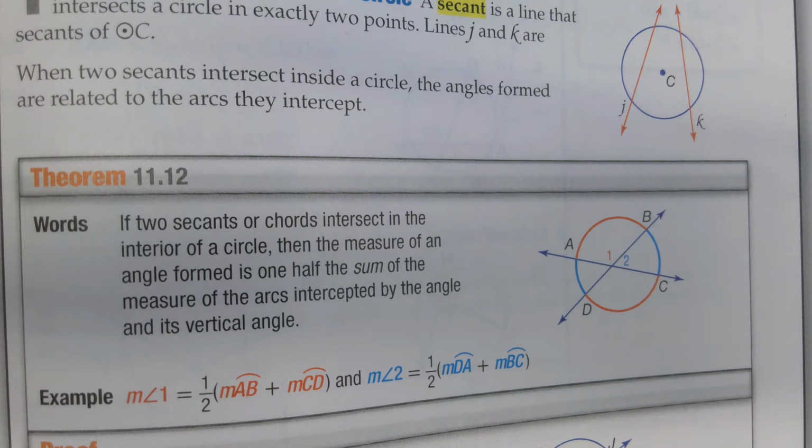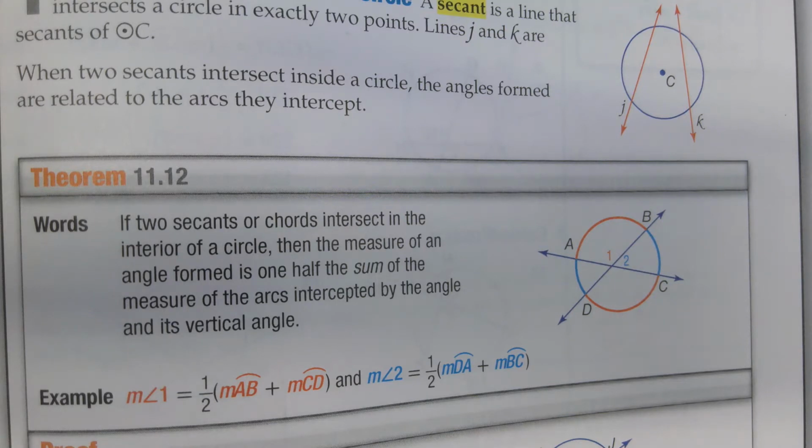Angle 1 makes this arc plus the arc that's directly behind it, or plus the arc opposite of it. So the angle equals 1/2 of the arc it makes plus the arc that's opposite of it. Angle 2 equals 1/2 of the arc it makes plus the arc that's directly behind it.